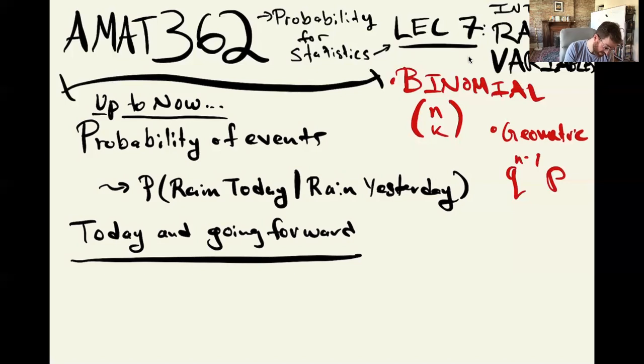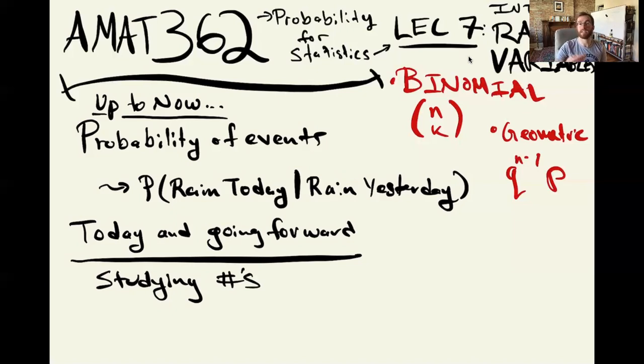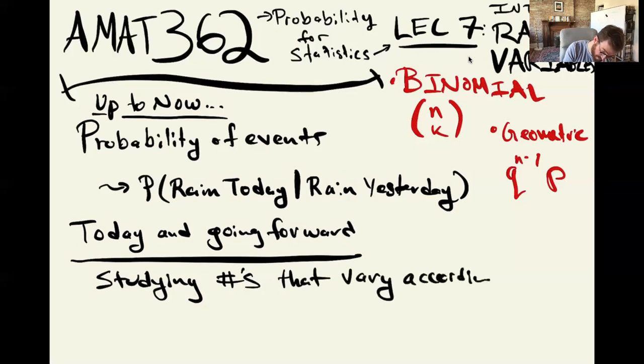So we're going to be summarizing or studying numbers. And you think of numbers as being either integers or natural numbers or just anything that's a part of the real line, that vary according to some random process or experiment.